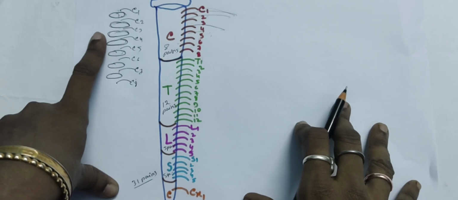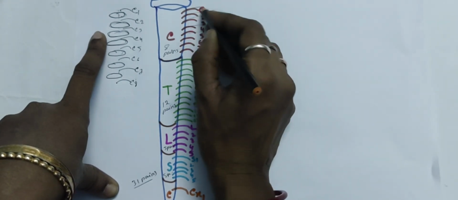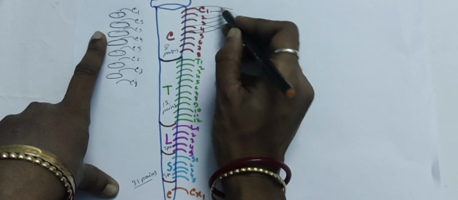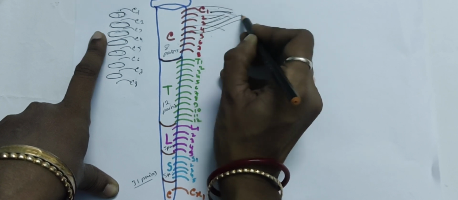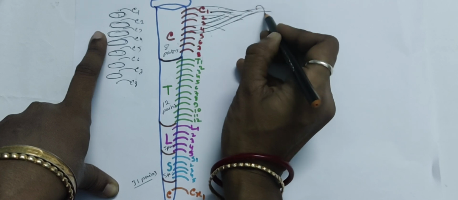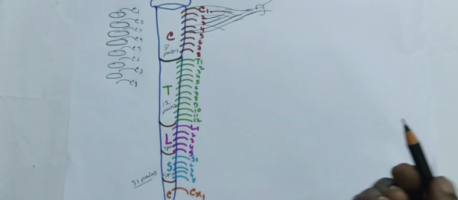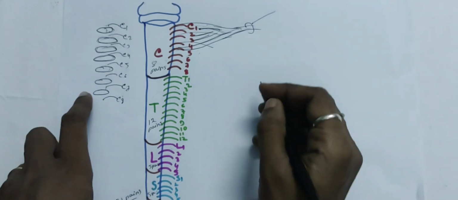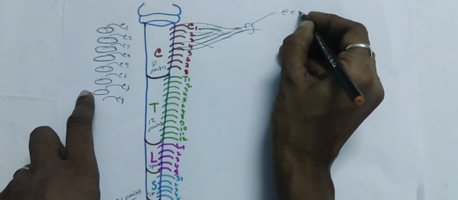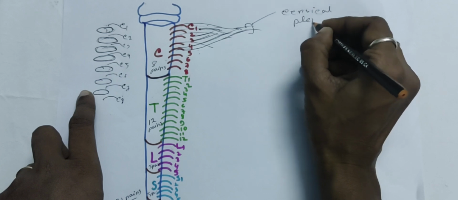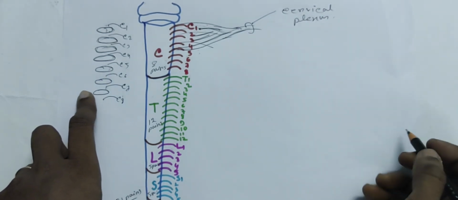So from cervical 1 to 4, these nerves, 1, 2, 3, 4, form a bunch, that is a plexus. This plexus is called the cervical plexus.